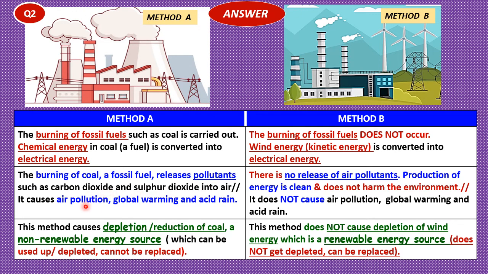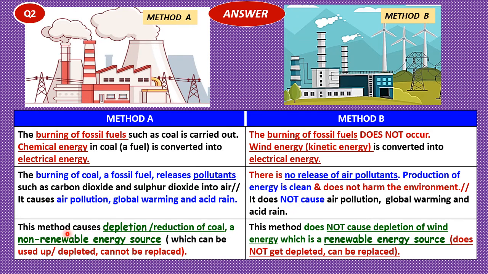For example, carbon monoxide contributes to air pollution, right? Carbon dioxide causes global warming. Sulfur dioxide and nitrogen dioxide cause acid rain. Whereas for B, it does not cause these threats like air pollution, global warming, and acid rain at all. Okay, so the production of energy is clean for method B.